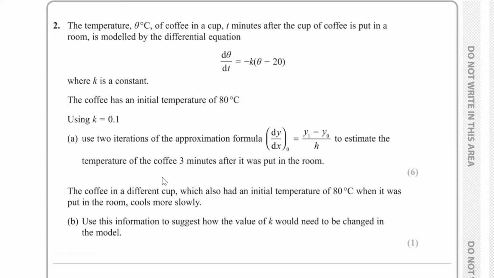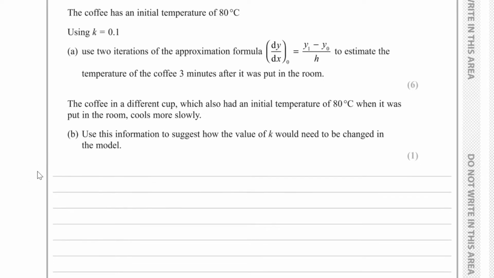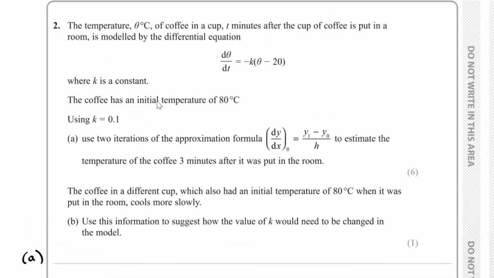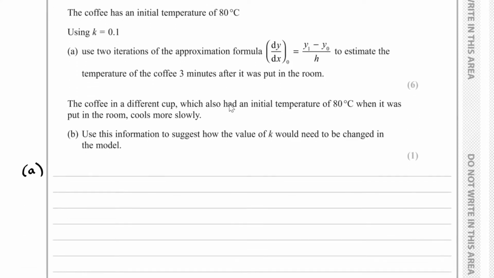Okay, so the way I would approach this question for part A, the coffee first of all has an initial temperature of 80 degrees C. That tells us that t0 is equal to 0 and theta 0 is equal to 80 degrees. And we're finding out after 2 iterations the value of the temperature of the coffee 3 minutes after it was put into the room.